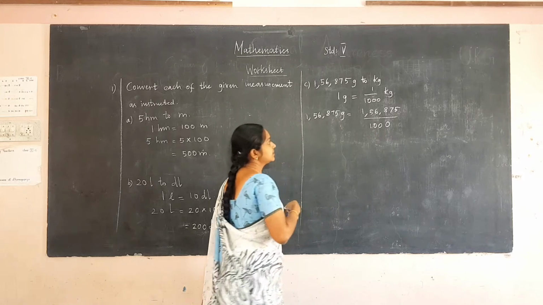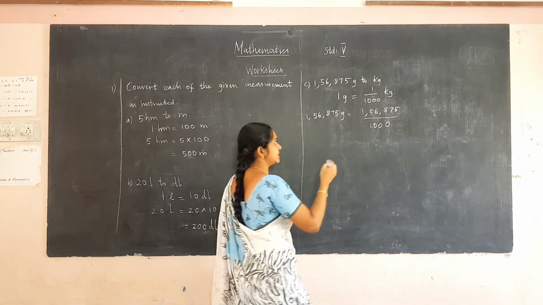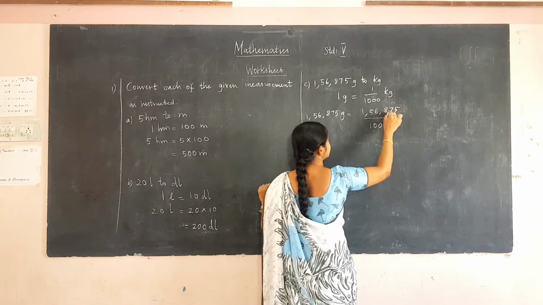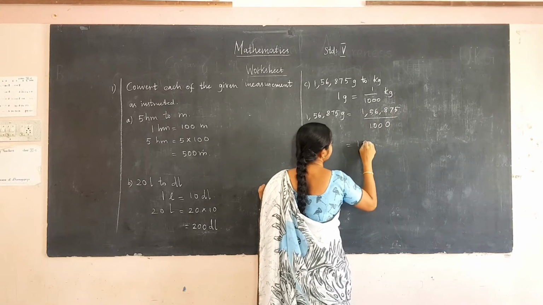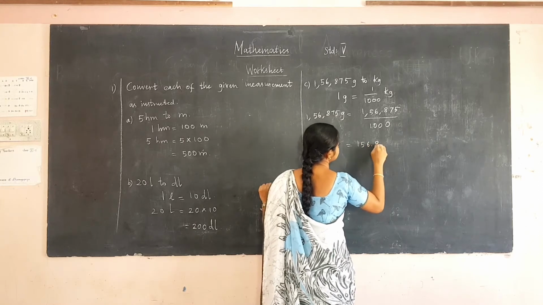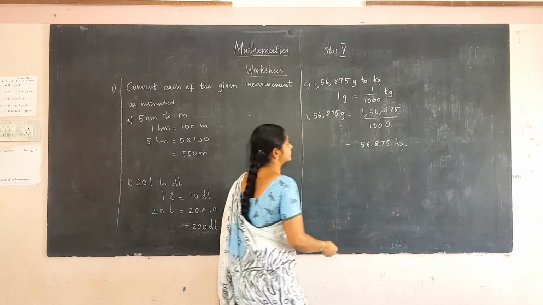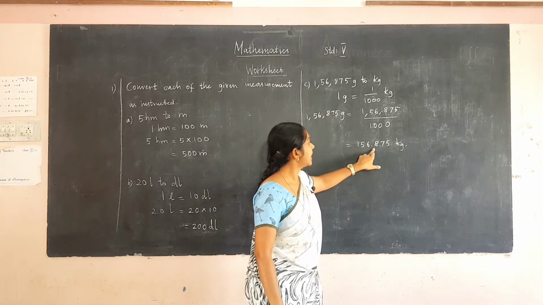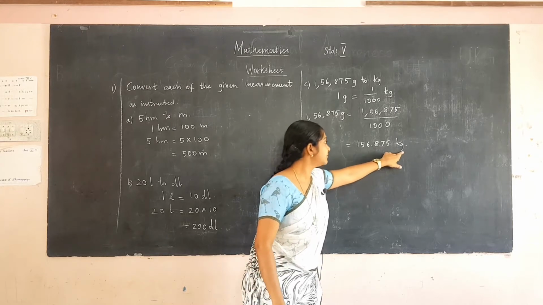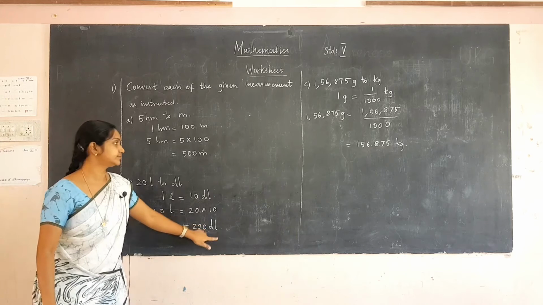Here we are having 3 zeros. So we have to keep the decimal point before 3 places. 1, 2 and 3. So here will be the decimal point. So it is 156.875 kilogram. So the answer is 156.875 kilogram. After converting, you have to mention the unit.